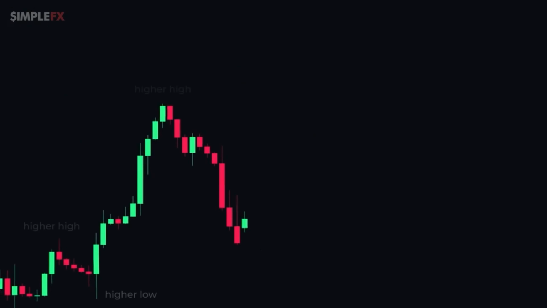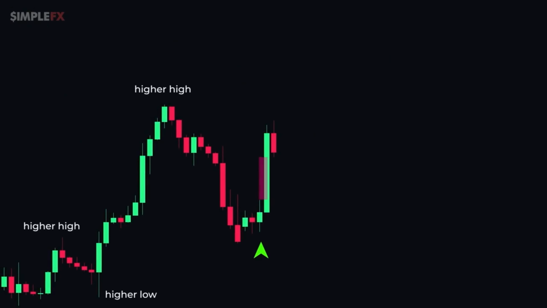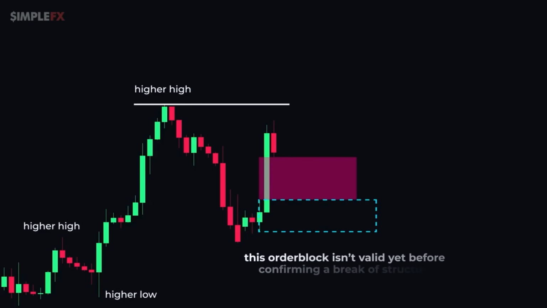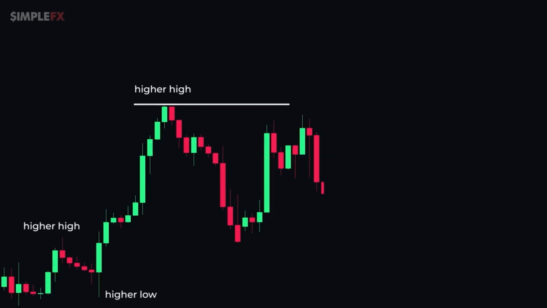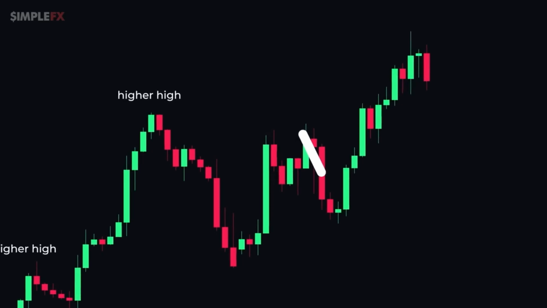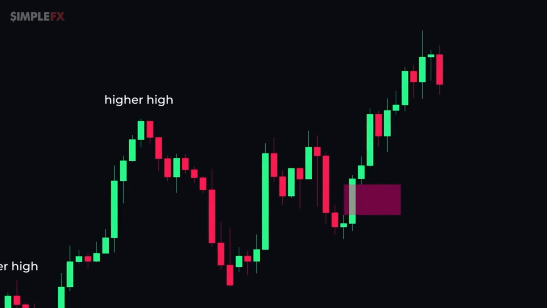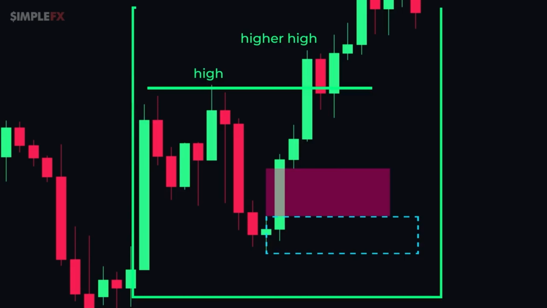Here we see a significant upward movement coupled with inefficiency, suggesting a possible order block. However, since the price hasn't formed a break of structure yet, this order block isn't valid at this point. After some time, we notice the price moves downward and then back up, forming another inefficiency, indicating another possible order block. This time the price does form higher highs, but it's within a smaller structure.